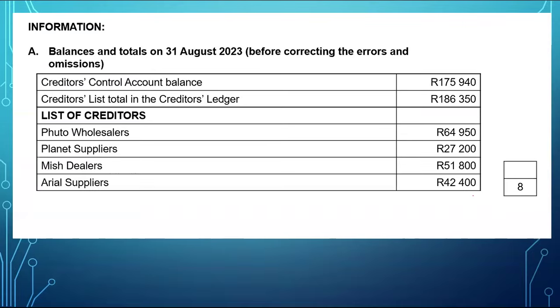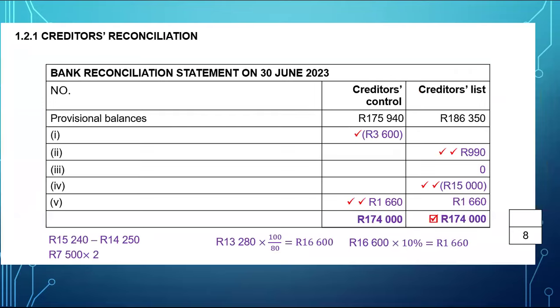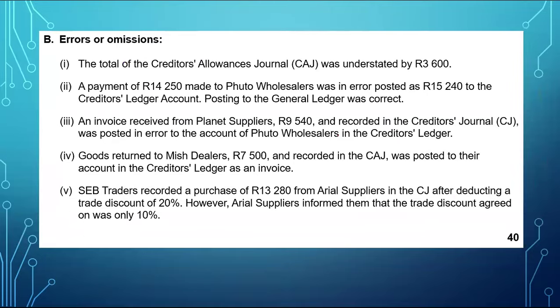The first thing I did was to check if when I add all of this, would it give me the total that I've got there? And it did. That's the first thing that you must do. And these are the balances that we're going to start with when we prepare the creditors list as well as the creditors control. Oh, my bad.